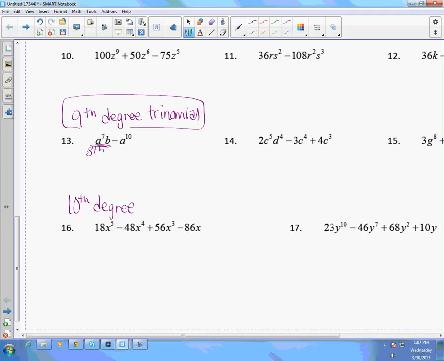Hunter, can you tell me is this a monomial, binomial, trinomial, or polynomial? Yeah, there are two terms with subtraction, so 10th degree binomial.